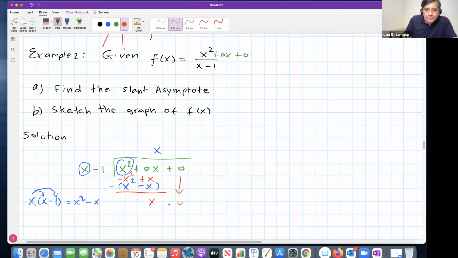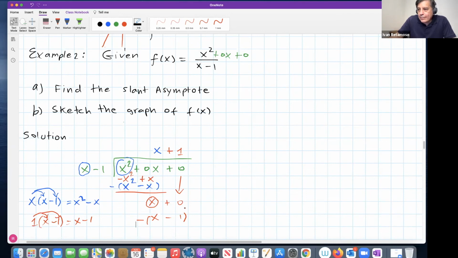Bring down the 0. Repeat the process. x divided by x is 1. 1 times x minus 1 is just x minus 1, that goes here. Subtracting this, you're going to get just 1 as a remainder.